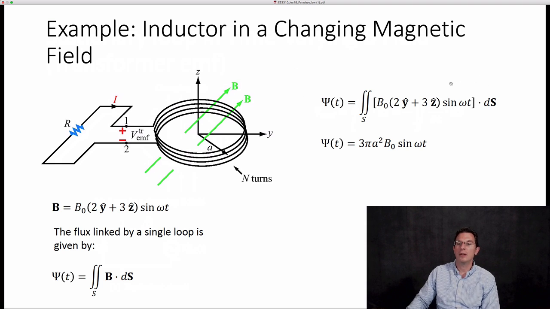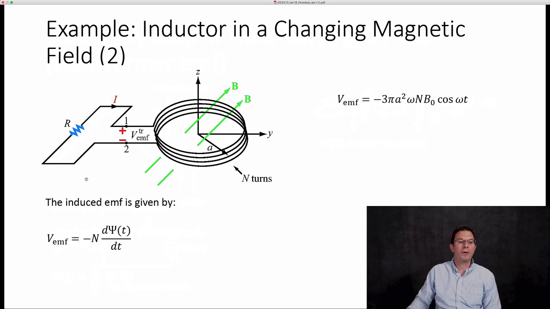So we're just going to pick out the z component of the B field, and because it's constant over the entire cross-sectional area of the loop, we're going to multiply that magnitude 3 of the z component of the B field times the area of a single loop, pi a squared, times the constant B naught times sine of omega t. That is the flux of B through a single loop.